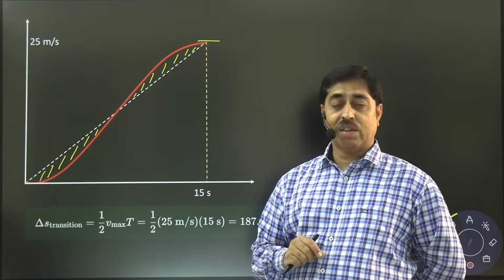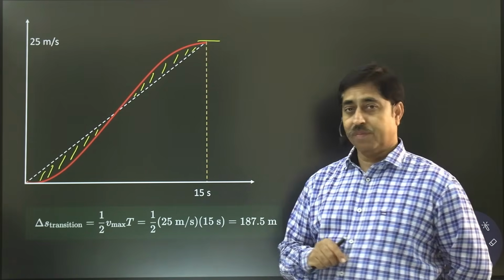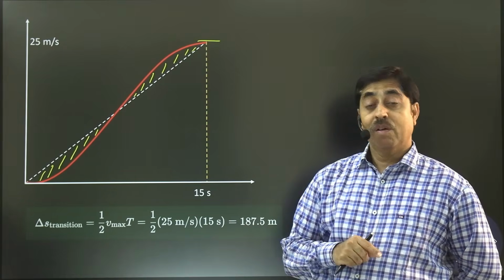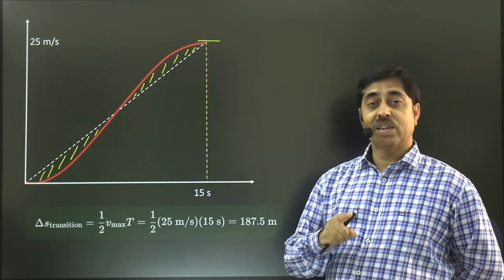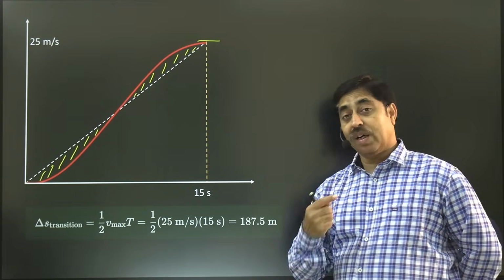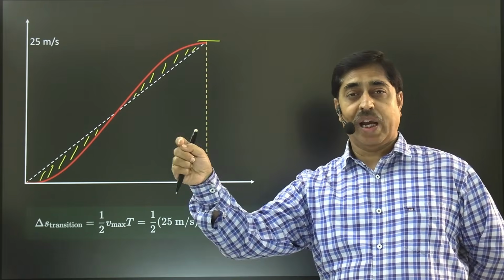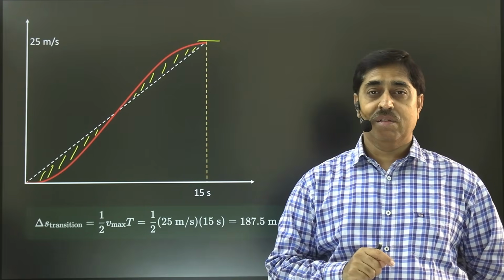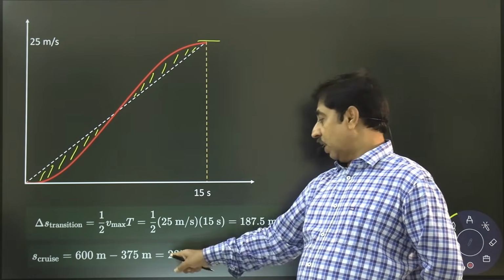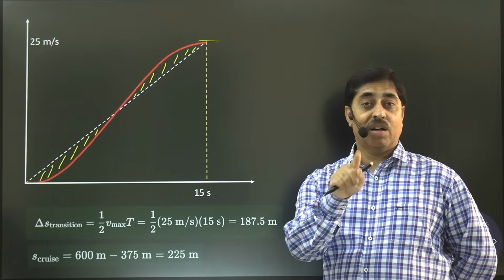So total distance traveled during acceleration and retardation is double of this, which is 375 meter. Overall station to station distance is 600 meter. Out of that 600 meter, 375 meter was traveled during acceleration and retardation. So remaining 225 meter of distance was traveled when train was moving at constant speed.